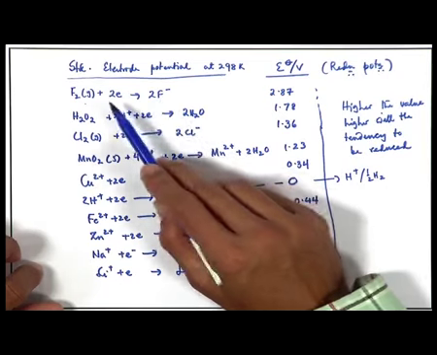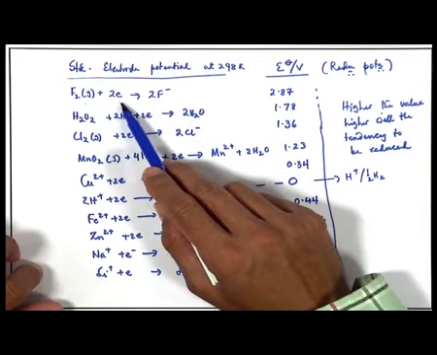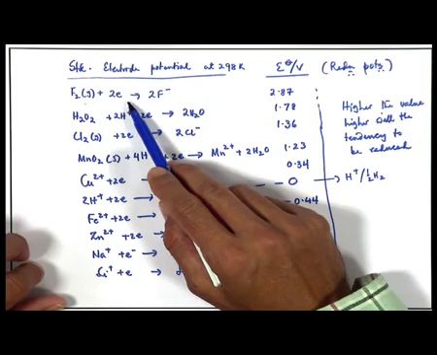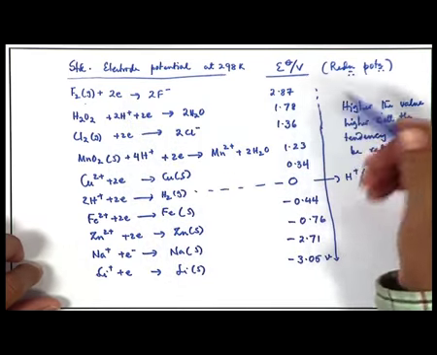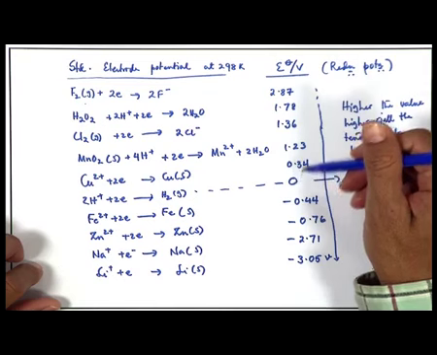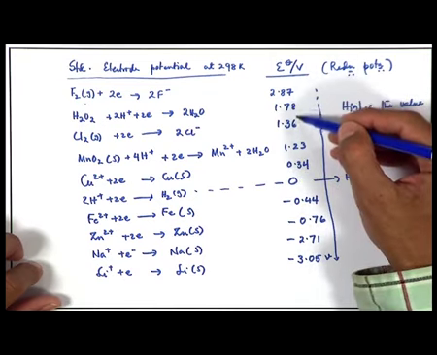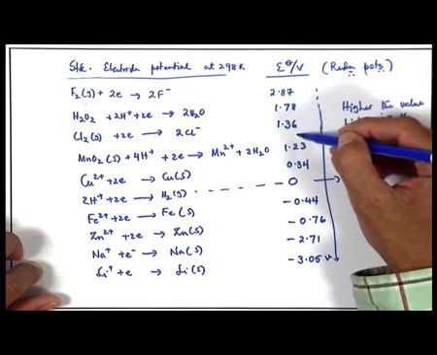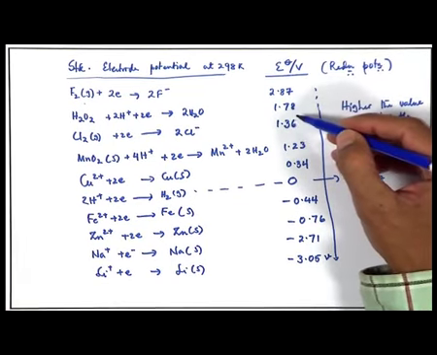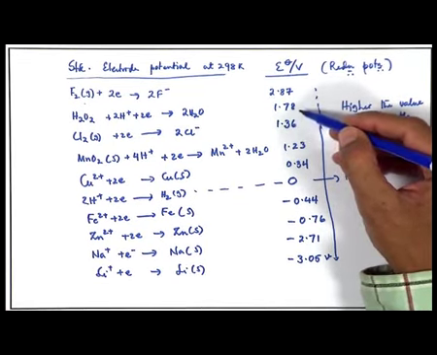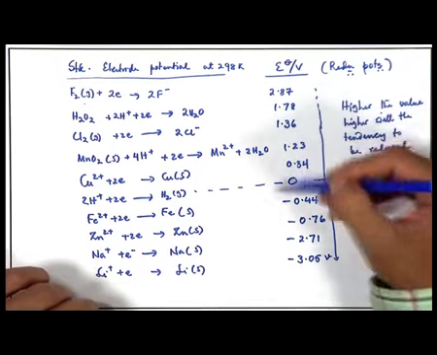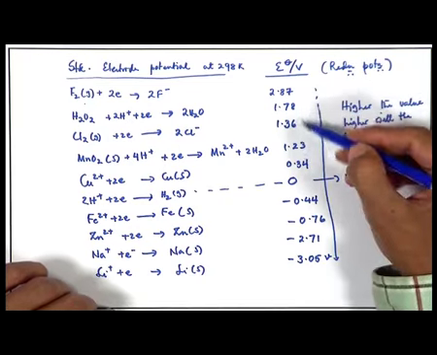So, it will be a very strong oxidizing agent and a very weak reducing agent. Okay, so, as you move towards hydrogen, you see that these values are reducing. That means their oxidation power, the tendency to oxidize other material, is reducing.